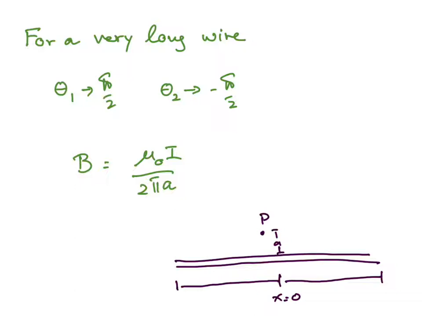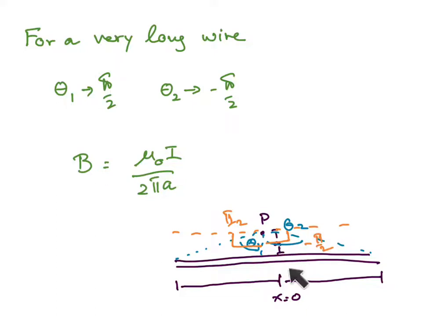So you will see that the angle theta 1 here and the angle theta 2 here will approach pi over 2. This is pi over 2, and this is minus pi over 2, because we define the positive angle in this direction, so negative angle in this direction.